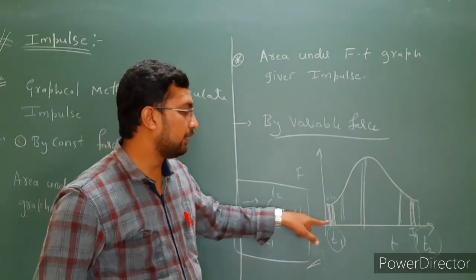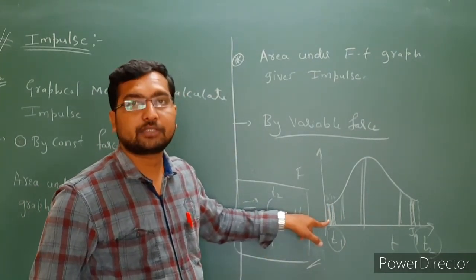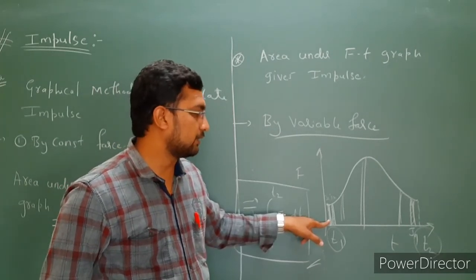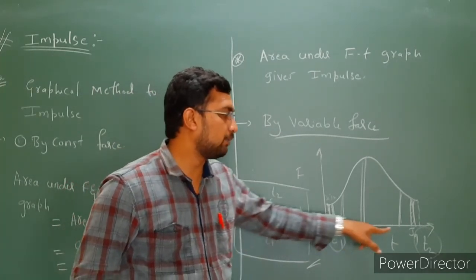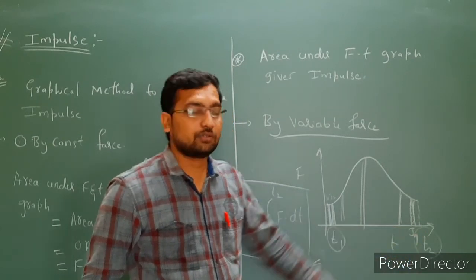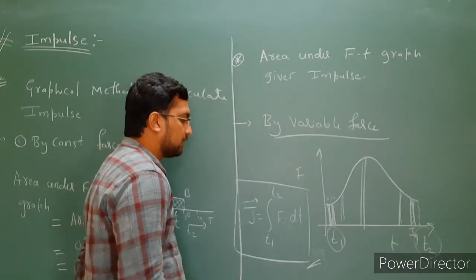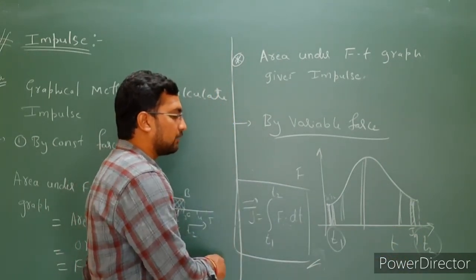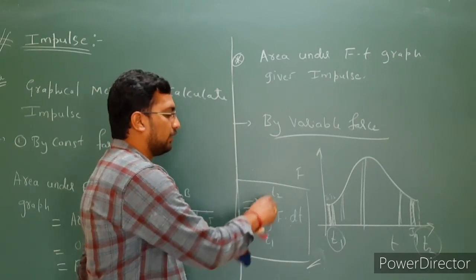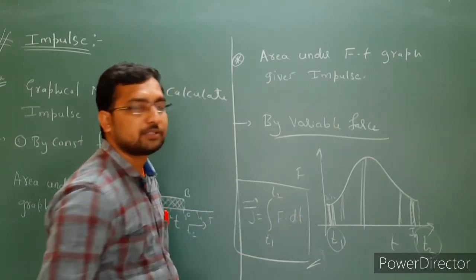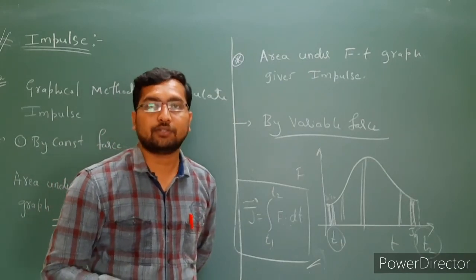After that we find the area of each segment, which gives the impulse: J1, so on up to Jn, right? Next, the general formula to calculate the impulse by variable force is J is equal to the integration of t1 to t2 of force into dt.